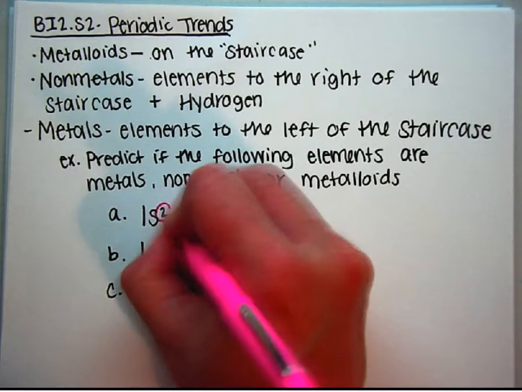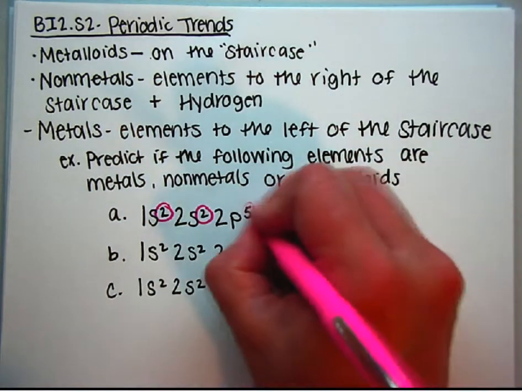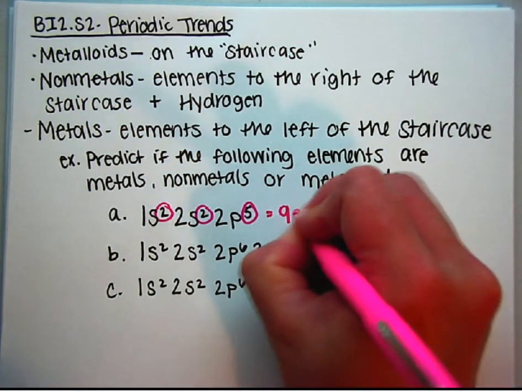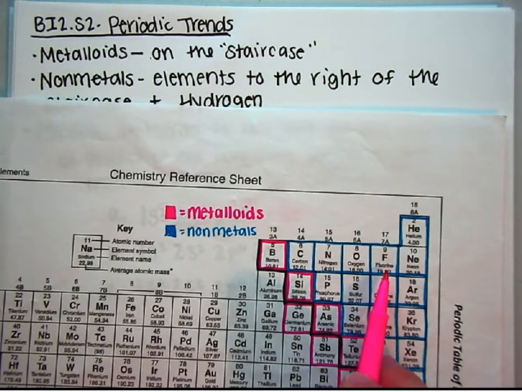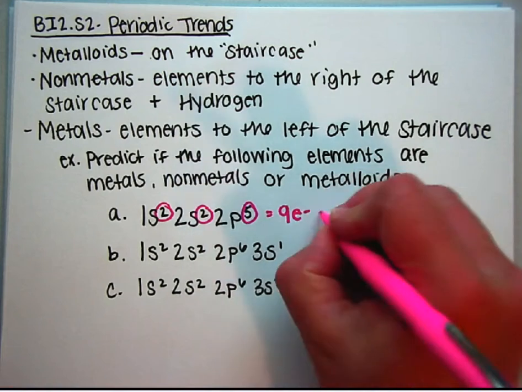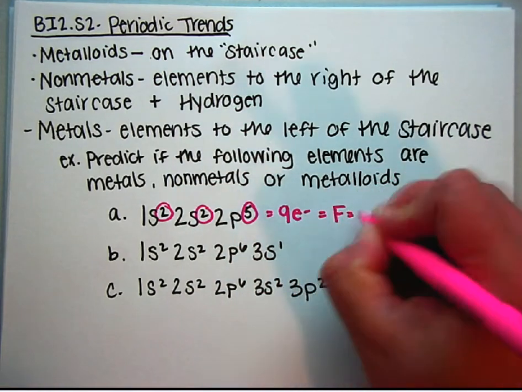So A, 2, 4, 9 electrons. Atomic number 9 is fluorine. Fluorine is to the right of the staircase. So this would be a nonmetal.